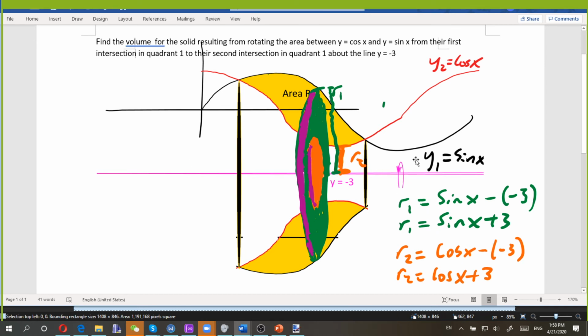So I've got R1 is my distance from the axis of rotation, the pink line, to the outermost function in black. It is top minus bottom. So that's sine minus -3, which is sine plus 3. R2 is my distance from the innermost function, so that's the one that's closest to the axis of rotation. So again, the difference in the y values would be cosine minus -3 or cosine plus 3.